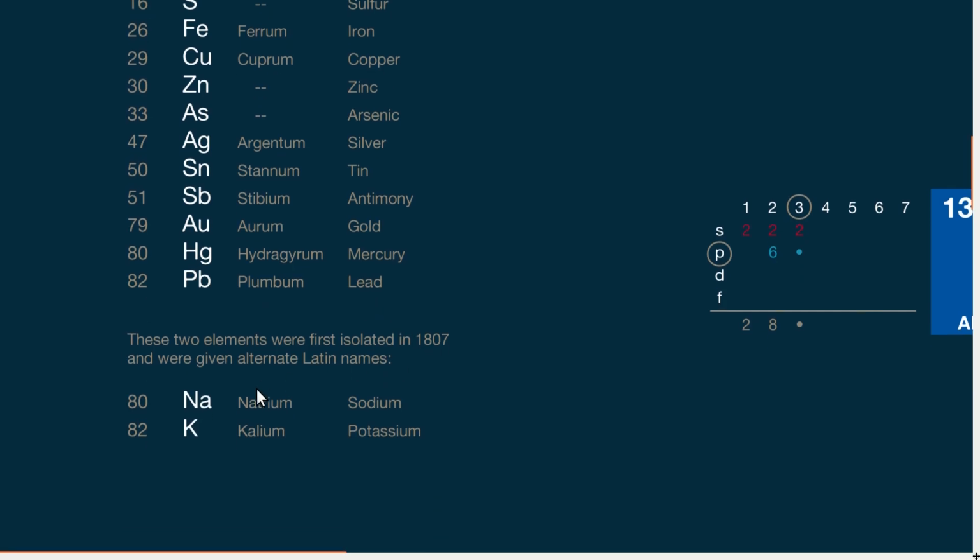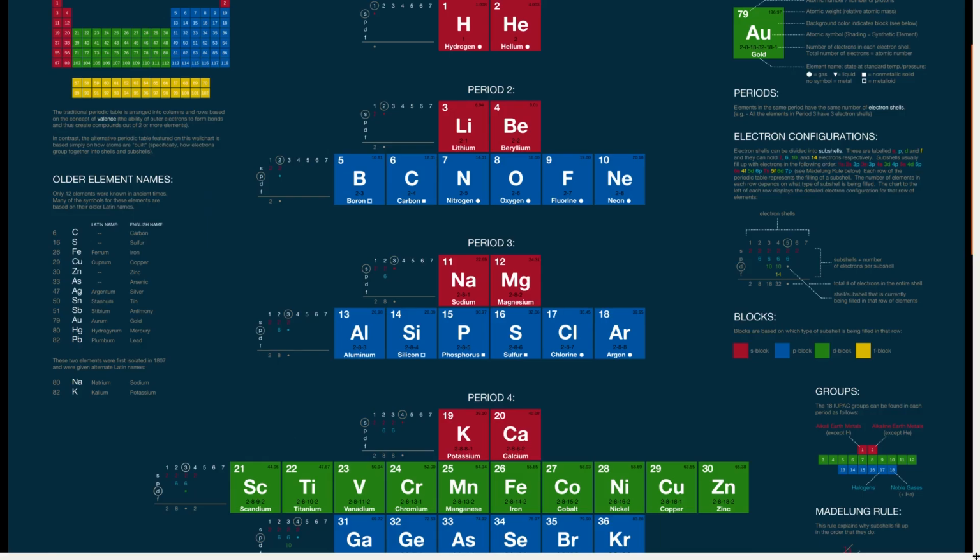In 1807, there were two elements that were isolated and given alternative Latin names. That's why Na stands for sodium, because its alternative name in Latin is natrium. Potassium can also be known as kalium, and that's why we have K for potassium.